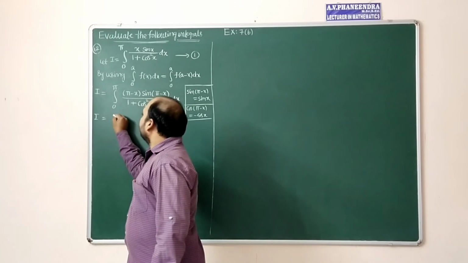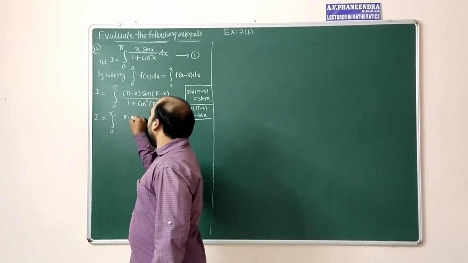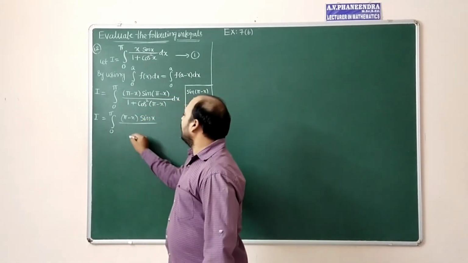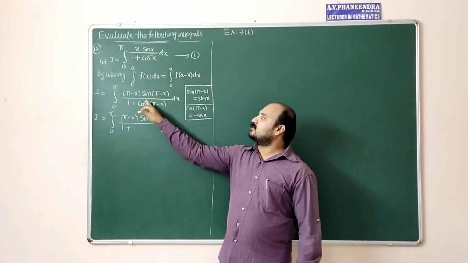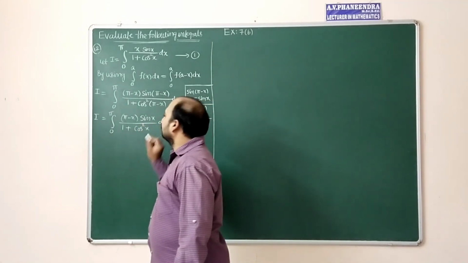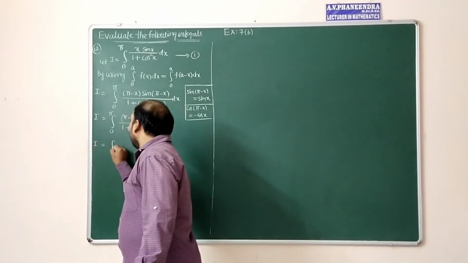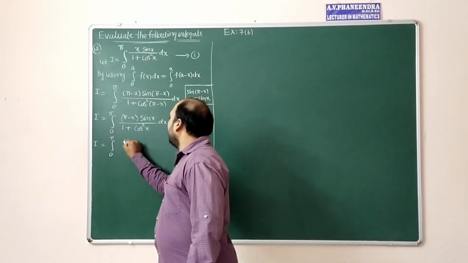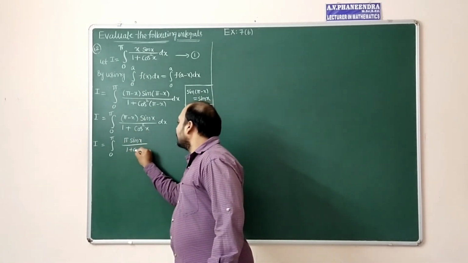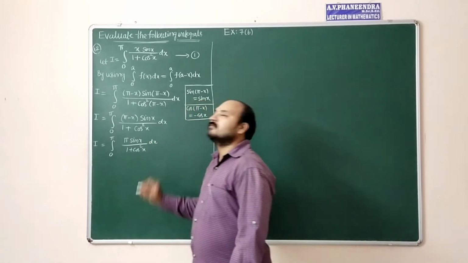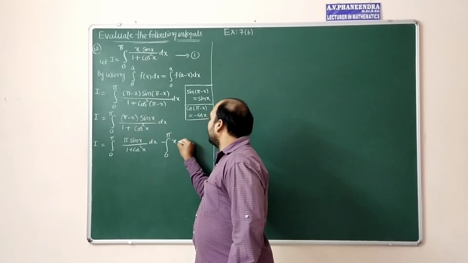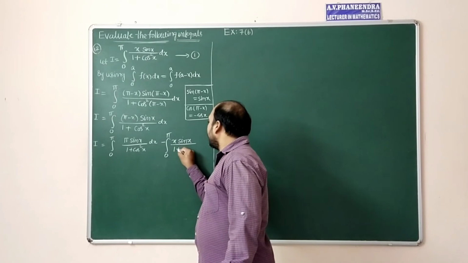So I equal to integral 0 to pi of pi minus x into sin x divided by 1 plus cos square x dx. So I equal to integral 0 to pi of pi sin x divided by 1 plus cos square x dx minus integral 0 to pi x sin x divided by 1 plus cos square x dx.